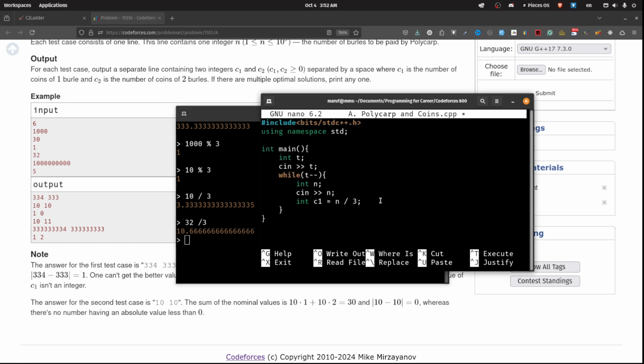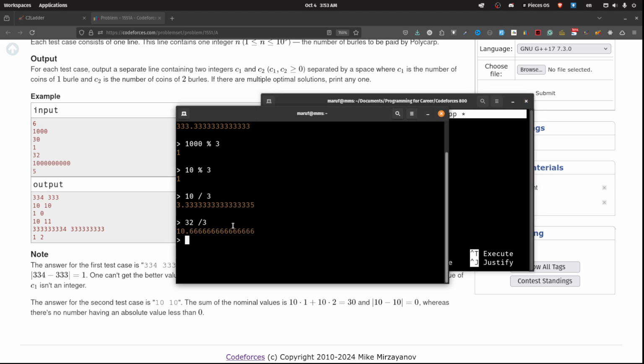I can say that integer C2 is equal to C1. Fine. Now, if I take 32 modulo 3, I get 2.